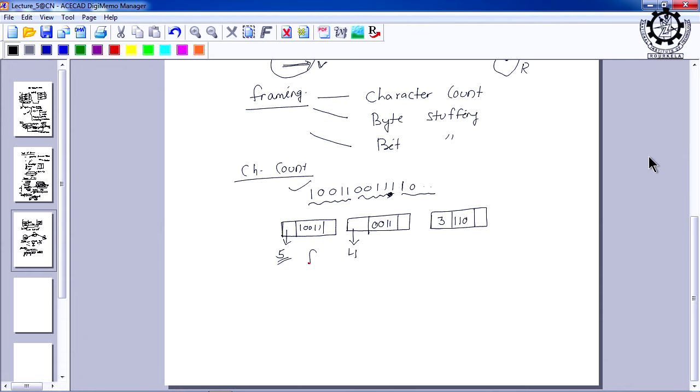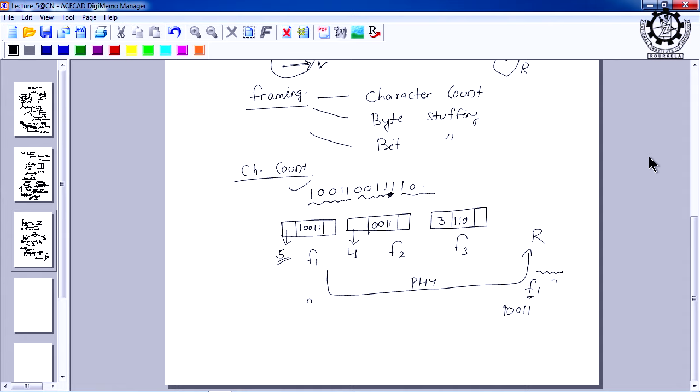Now frame 1, frame 2 and frame 3 are communicated over the physical layer through this channel, and are received at the receiver side. When frame 1 comes, the receiver understands that the first 5 characters are for frame 1. So it extracts the 5 characters, 10011, from frame 1, and they are considered as the data for frame 1.